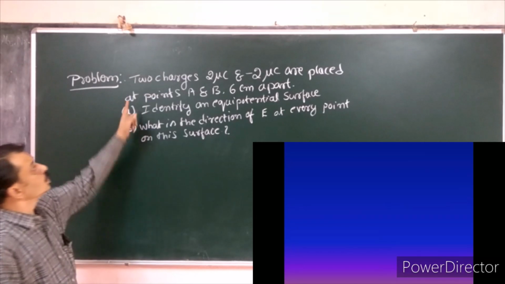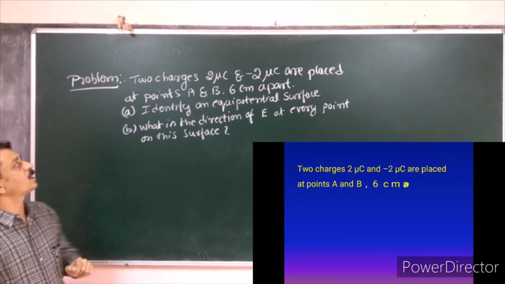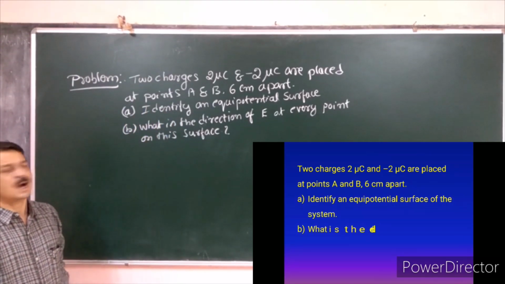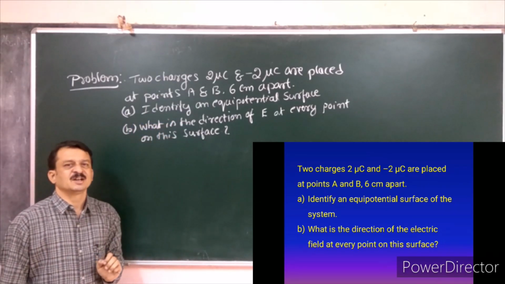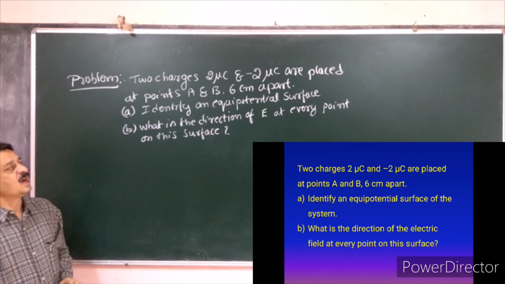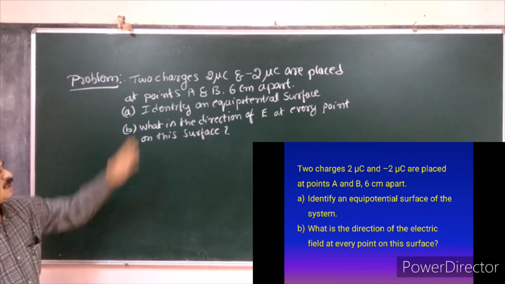Next problem: two charges, 2 microcoulomb and minus 2 microcoulomb, are placed at points A and B, 6 centimeter apart. A. Identify an equipotential surface. B. What is the direction of the electric field at every point on this surface? So very simple.